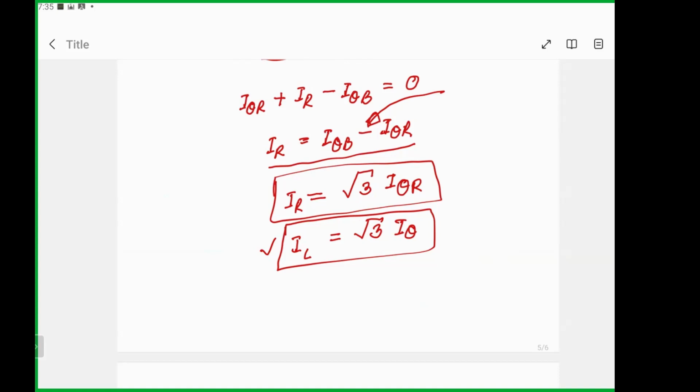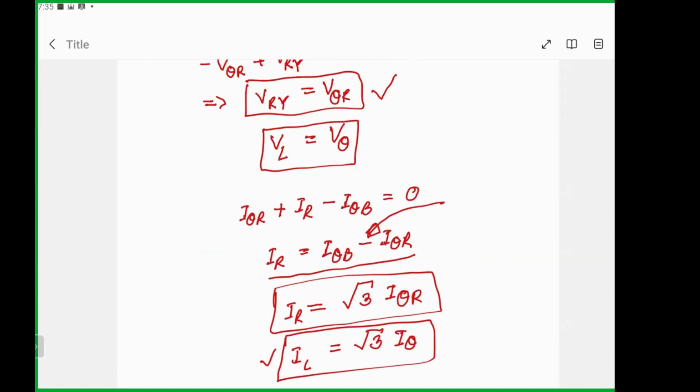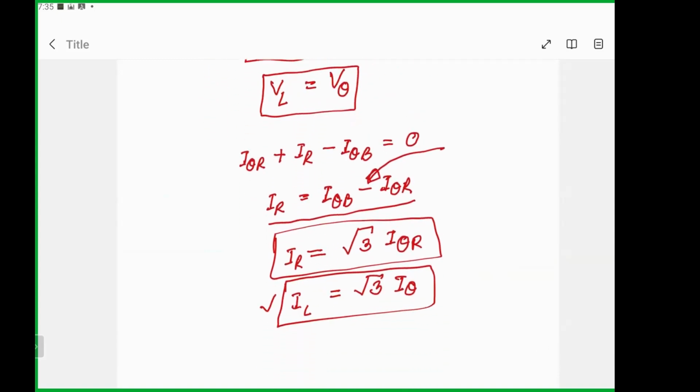On the other hand, current is opposite in star. In star connection, the line current and the phase current are the same because the same current is flowing. But if you consider the phase voltage and the line voltage, they have a factor of square root of 3. If you multiply the phase voltage by square root of 3, you will find the line voltage.